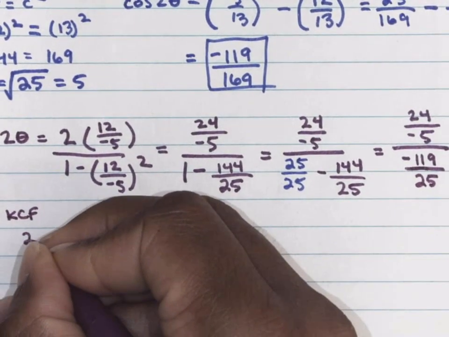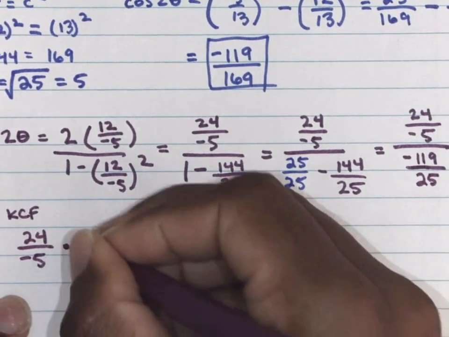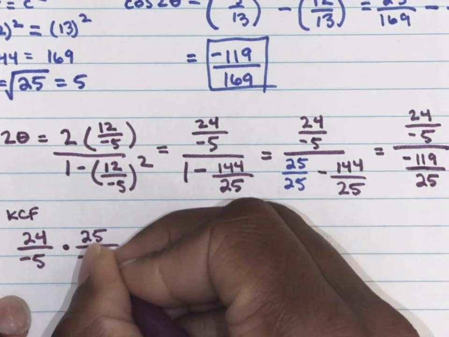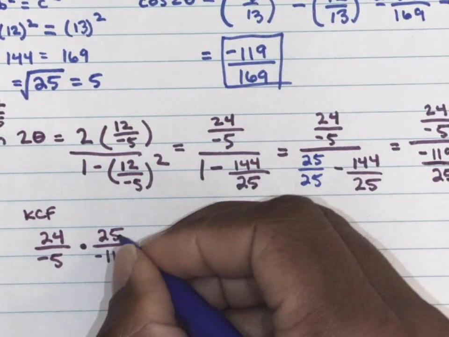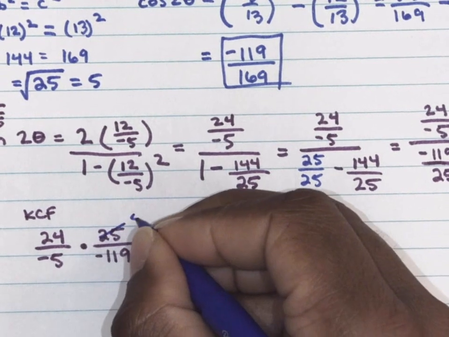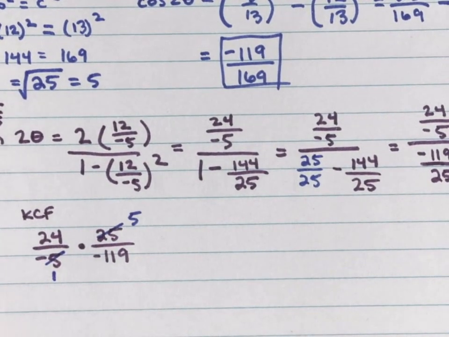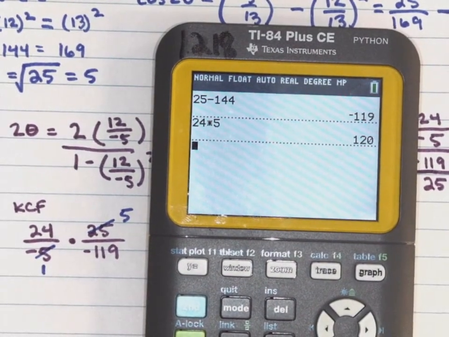We keep the top, and we change to multiplication, and then we flip the bottom. So I can divide 25 by 5, and that becomes -1. And so now I've got 24 times 5, which equals 120.